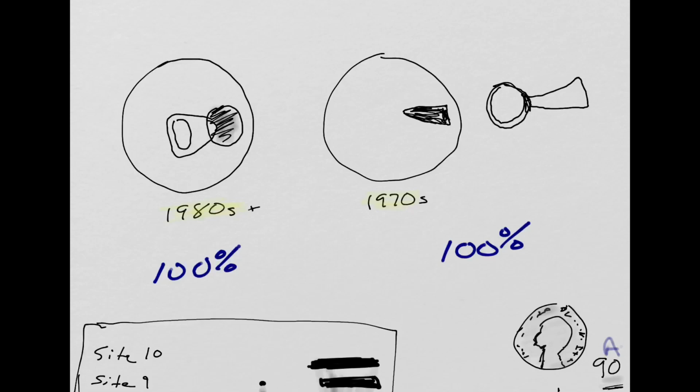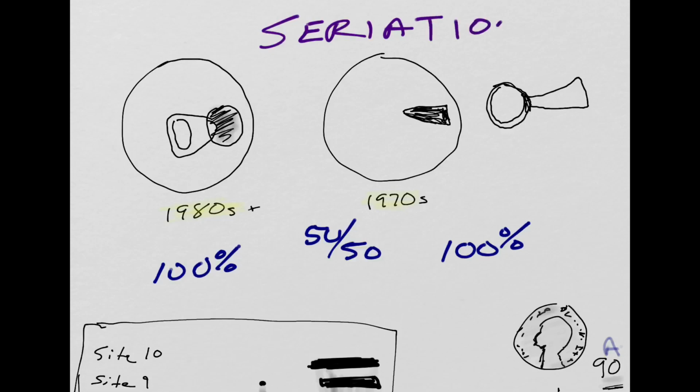And if you find an archaeological site that's 50-50, then you probably know it's from the transitional period when these cans were going out of style. And that, my friends, is the basis of seriation, which more or less concludes our section on relative dating.